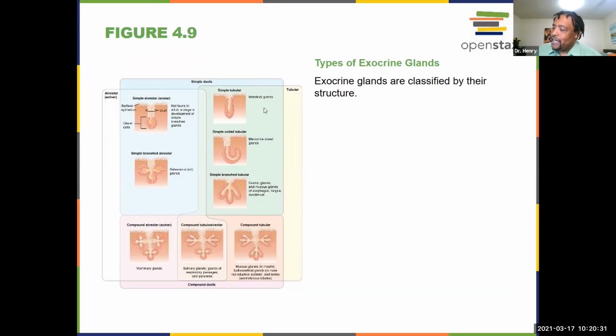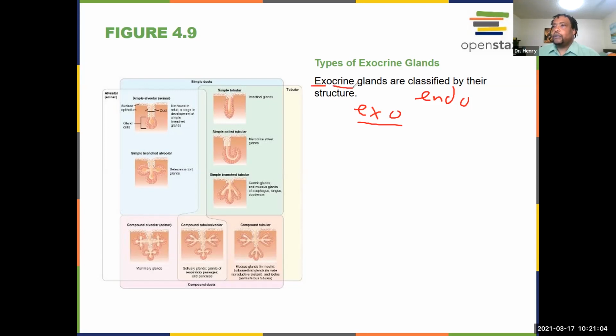Endo is inside, and exo would be outside. Like exocytosis, that means we're secreting stuff outside. Endocytosis means inside. So exo meaning out, endo meaning in.